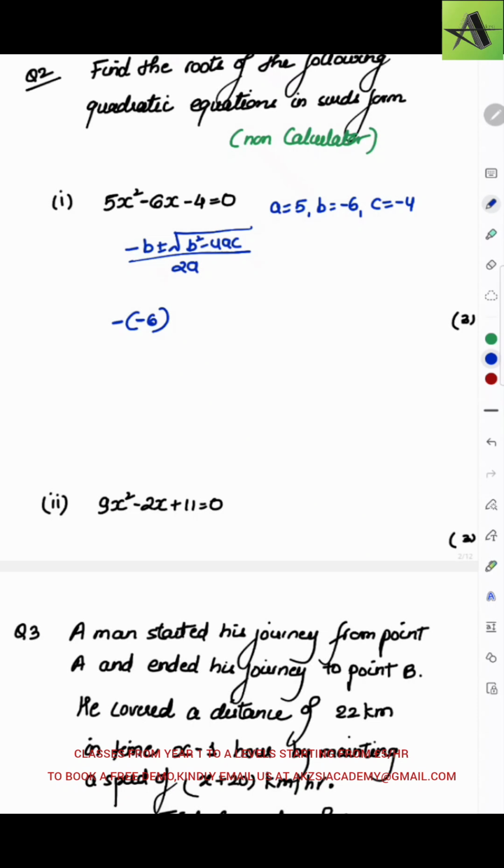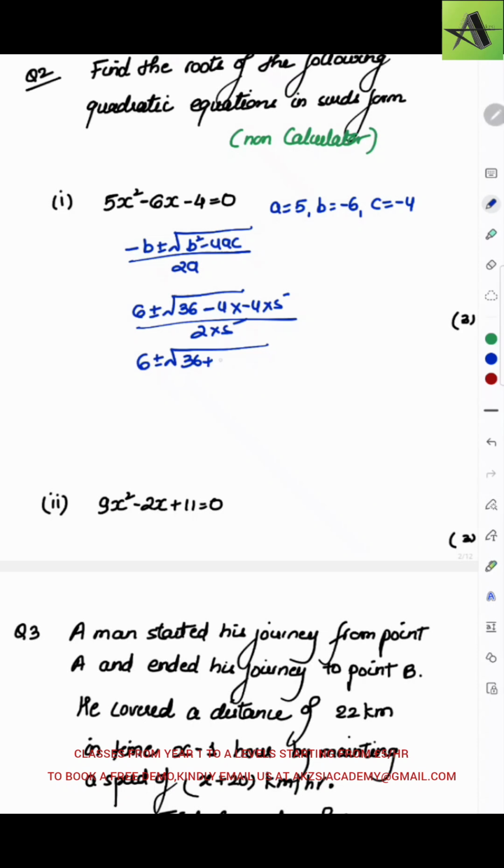So obviously when you expand the bracket, negative negative will become positive. So I'll write 6 plus minus root of b squared, which is 36, minus 4 times negative 4 times 5, over 2 times 5. 6 plus minus root of 36, and minus 4 times minus 4 is 16, and times 5 is 80.